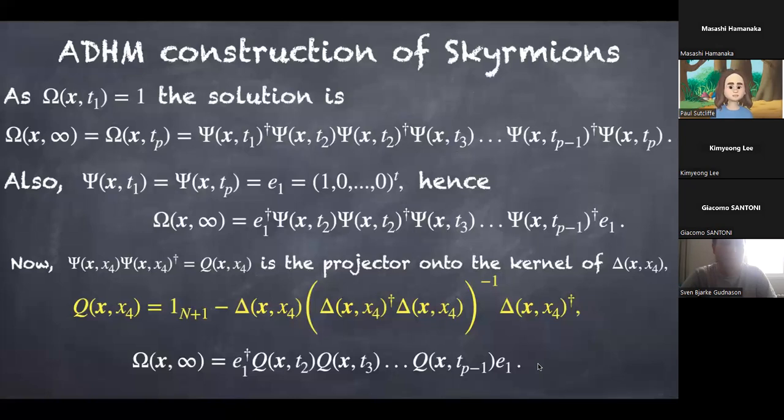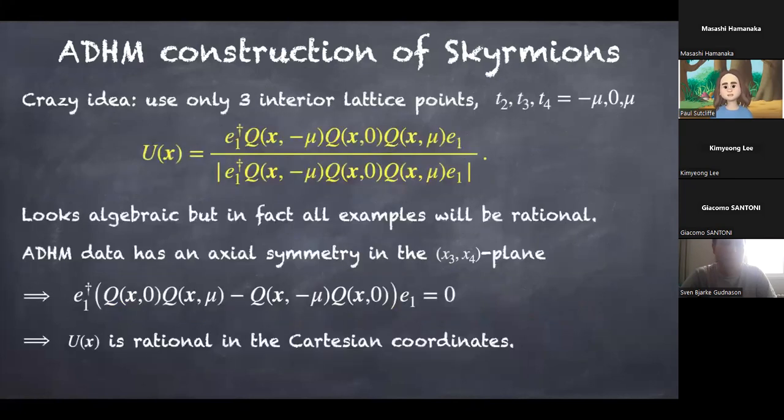And normally with numerical schemes, you would say, I'll take loads of lattice points, make a very fine lattice, and that will be a good approximation to the continuum, which is the equation I was trying to solve. So here, my crazy idea is to do exactly the opposite of that. Rather than use lots of interior lattice points to make it a very good approximation, I'm going to use hardly any. I'm going to do an ultra discretization of this.